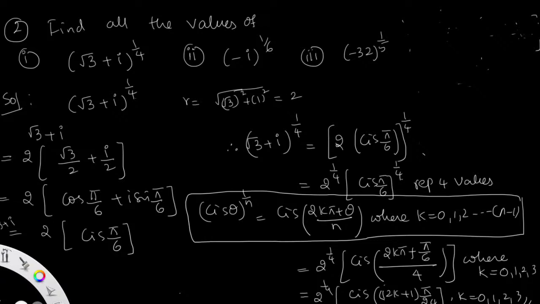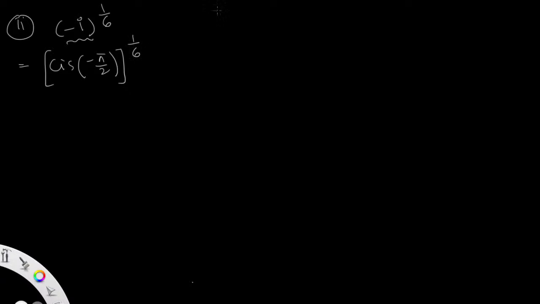Next, go to the second question, (−i) to the power of 1/6, in the same method. Minus i in simplified form is cis of (−π/2) whole to the power of 1/6. You directly know the formulas: cis 0 is nothing but 1, cis π/2 equals i, cis of (−π/2) equals −i, and cis π is nothing but −1.